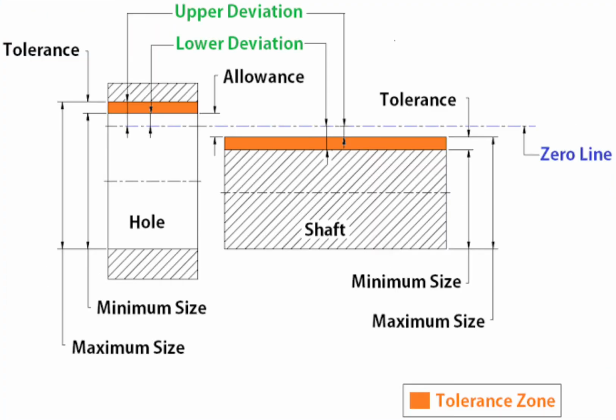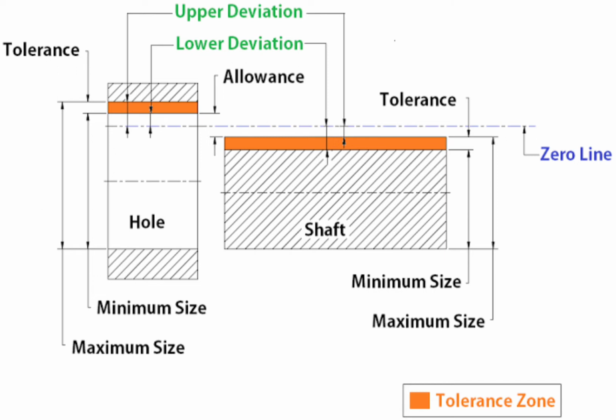In this picture, I will try to explain all the things about tolerance, allowance, limit, fit, what is the zero line, what is maximum size, what is minimum size, what is the upper deviation and what is the lower deviation. The picture has two halves, first the hole half and second the shaft half.